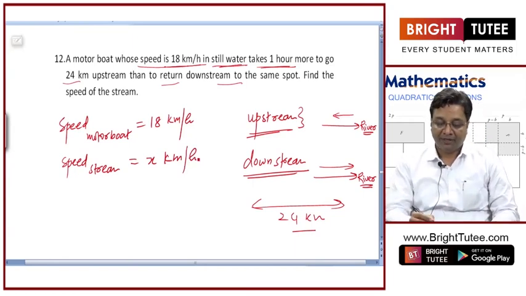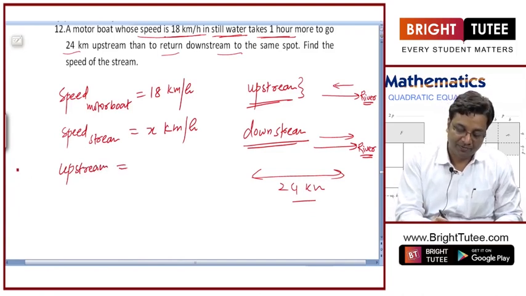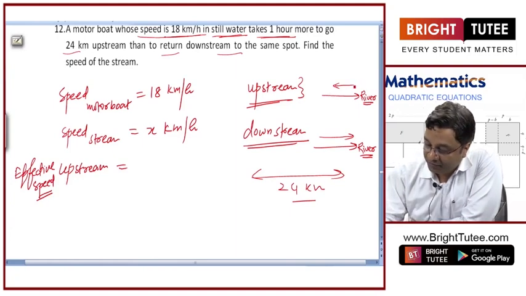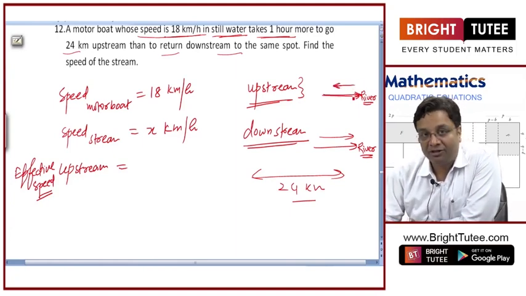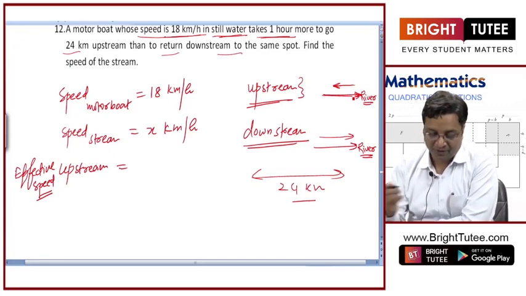Now you tell me, when the boat is going upstream, what will be the effective speed? When you go upstream, the speed of the river has to be subtracted from the speed of the boat to calculate the effective speed.